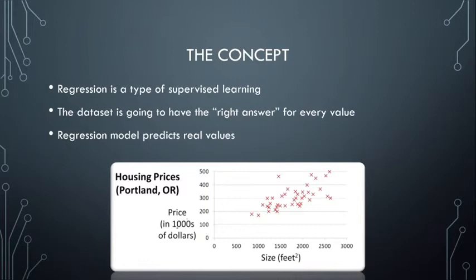So if I say that my house is, for example, 1000 square feet large, I get this coordinate here, which tells me that my house was sold for maybe $170k, right?